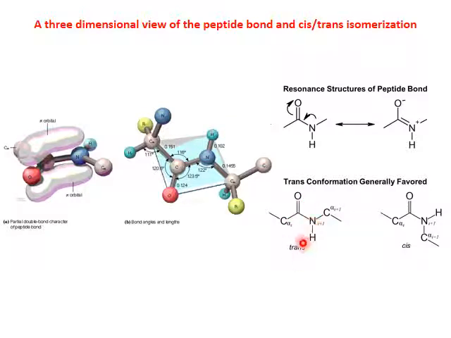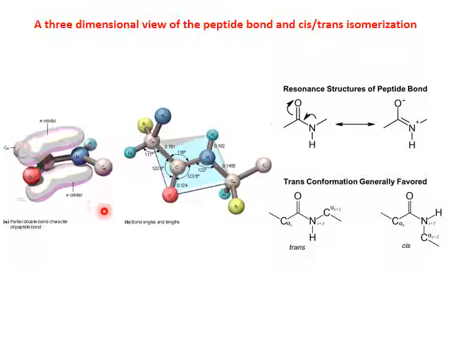If we go to some space filling diagrams, you can see here the pi bond orbitals that are shown in these pi bonds above and below the sigma system, and that this pi bond gives this amide nitrogen and this carbonyl carbon double bond character. All right.